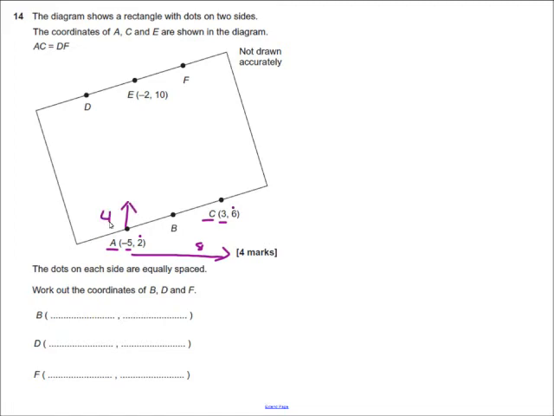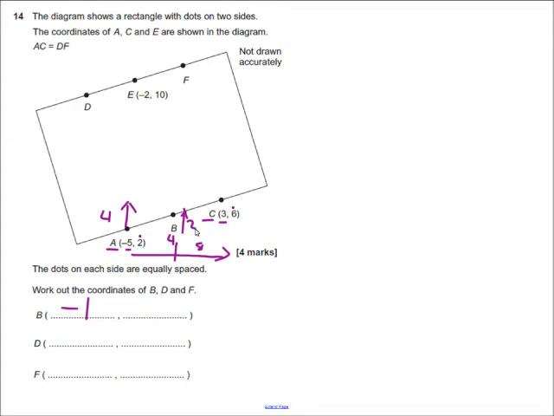And that's all we really need to know to solve this question, because point B is halfway between A and C. So from A, instead of going 8 across, we go 4 across. So -5 plus 4 gives us -1. And instead of going 4 up, we're just going to go 2 up.